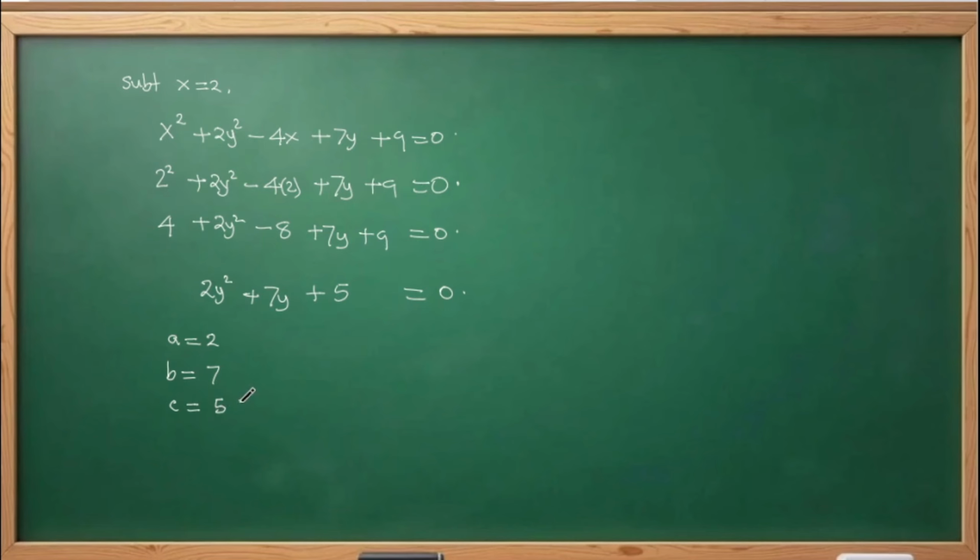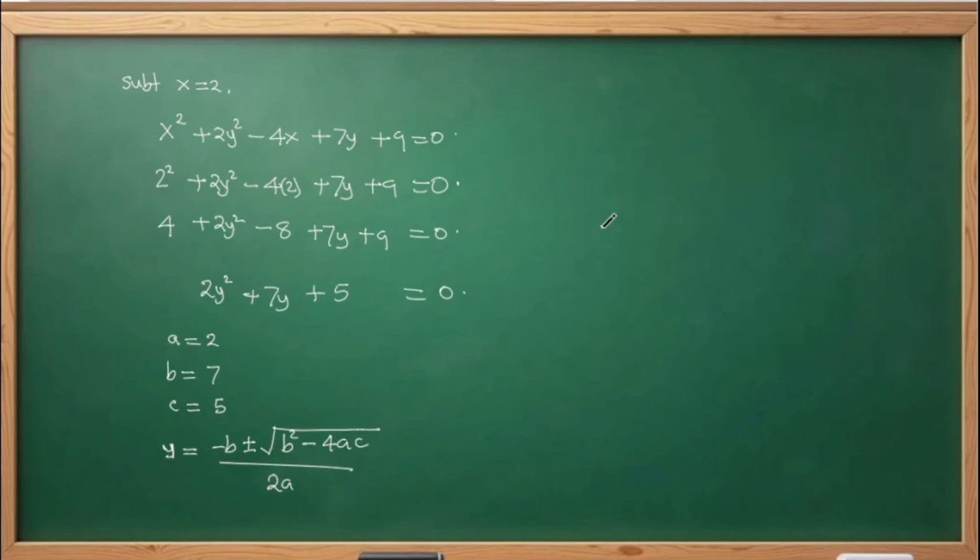So having done that, we put our formula. The value of y will be obtained by negative b, plus or minus the square root of b squared minus 4ac, and the whole thing is divided by 2a.